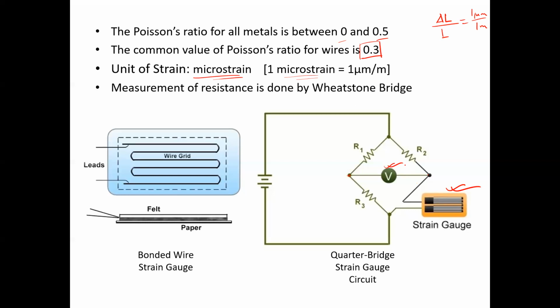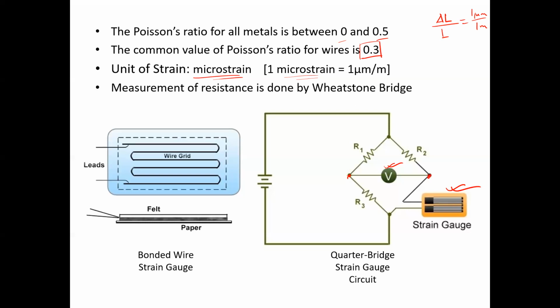There will be some reading shown in the voltmeter depending on the potential difference between these two nodes. So from the change in resistance, there is a resultant change in voltage, and with respect to the change in voltage, the amount of applied stress or force can be predicted.